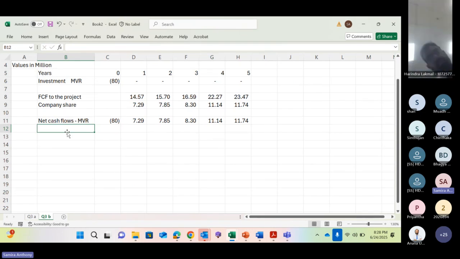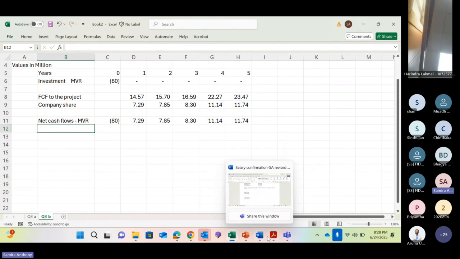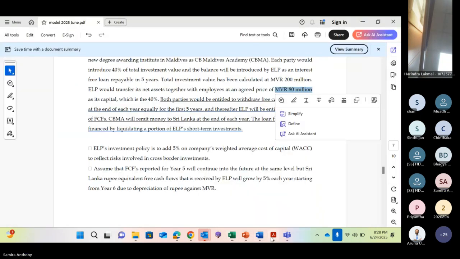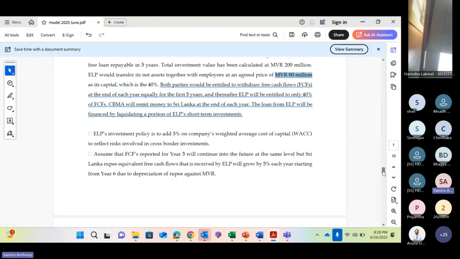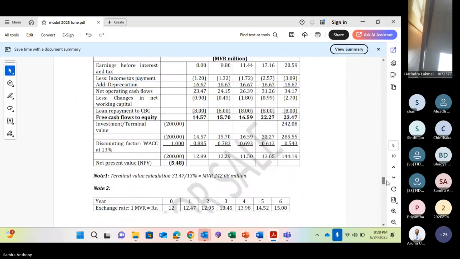Now you need to convert this into Sri Lankan rupees as per the exchange rate given. Here they have given exchange rates. Today is 12.